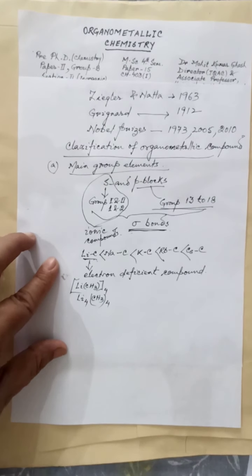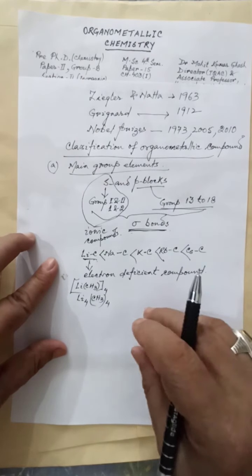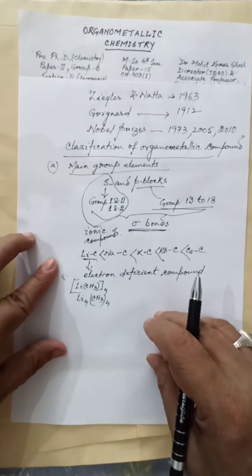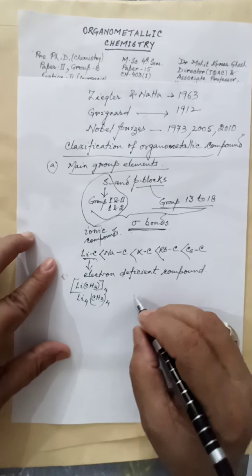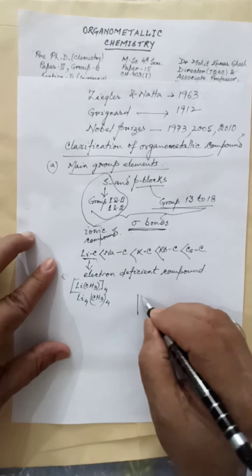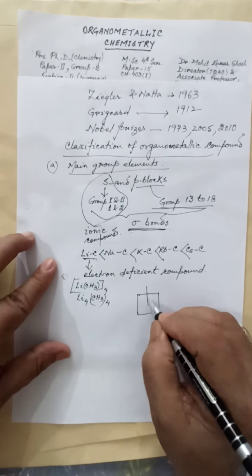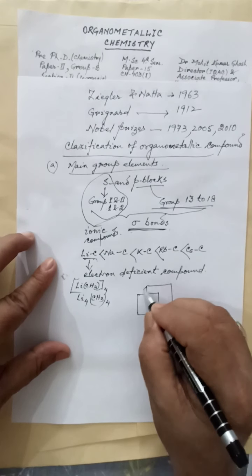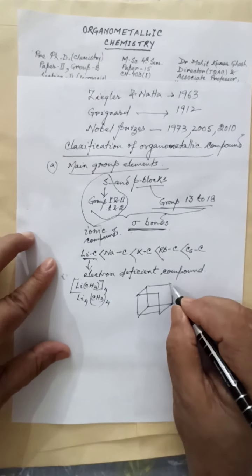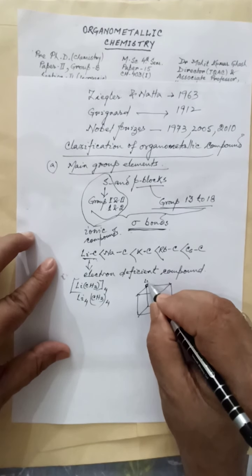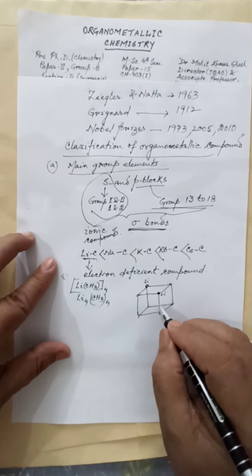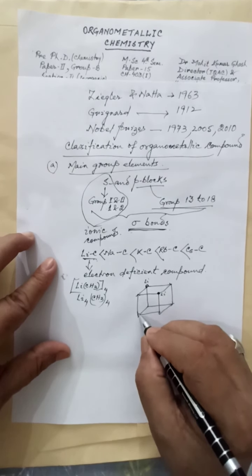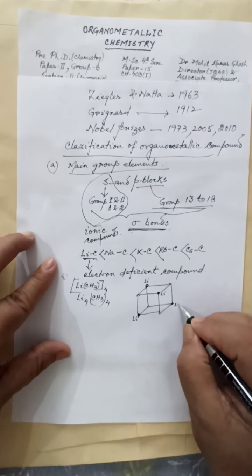When we go for the structure, it is a cube in which alternate corners are occupied by lithium, this is also lithium, then the alternate one will also be lithium.